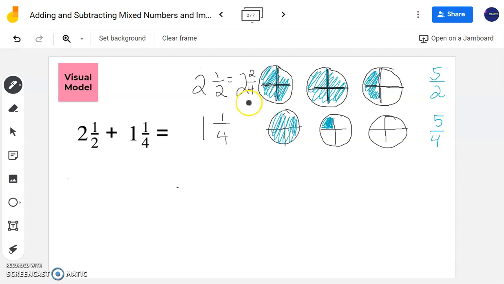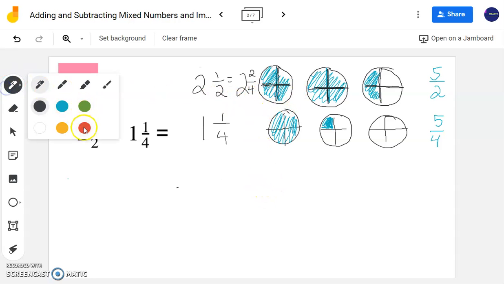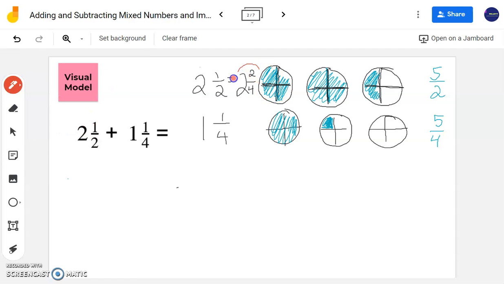Now when I'm looking at all of these circles here, I recognize that everything is exactly the same size. I now have 2 2/4, and I have 1 1/4. Now, just like when we were adding and subtracting proper fractions, we notice that my denominators are the same, showing me that everything in this model is broken into fourths. So now I can just combine everything together.